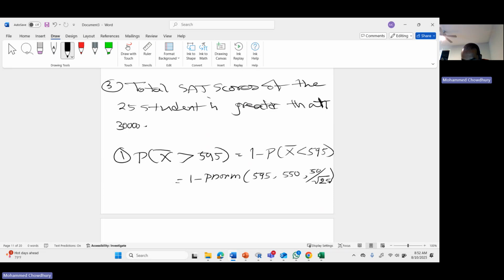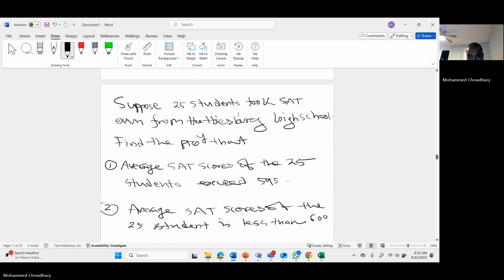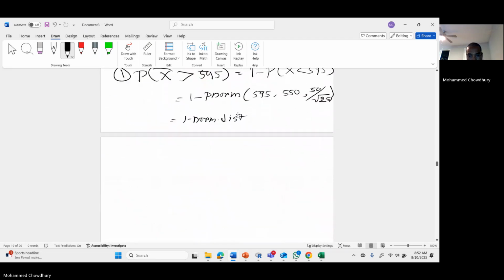That is the only place you have to change. Or in Excel, 1 minus norm.dist with 550 and 50 over the square root of 25.